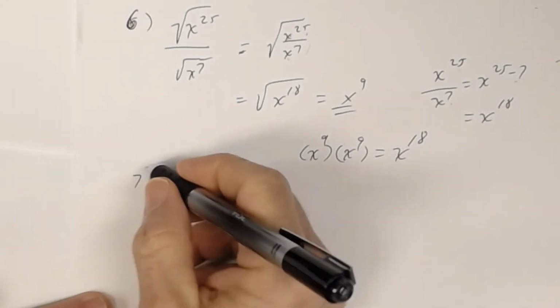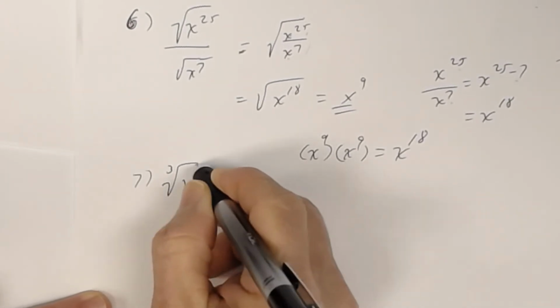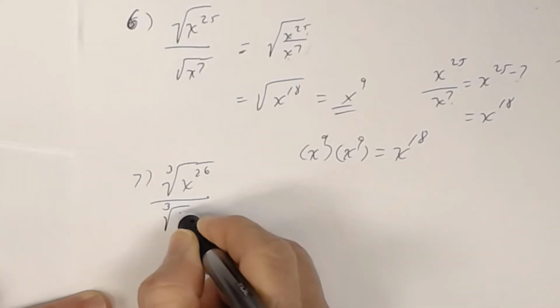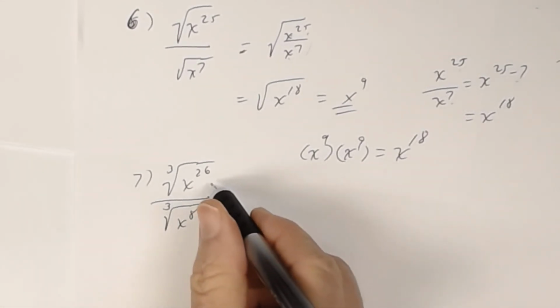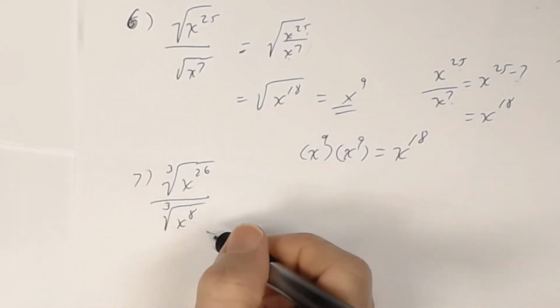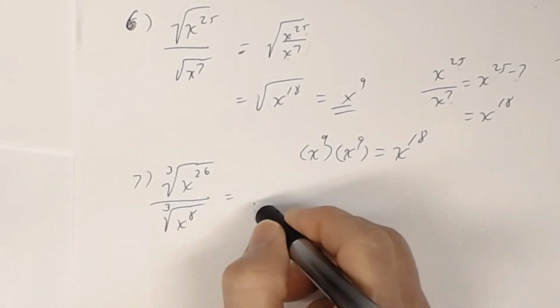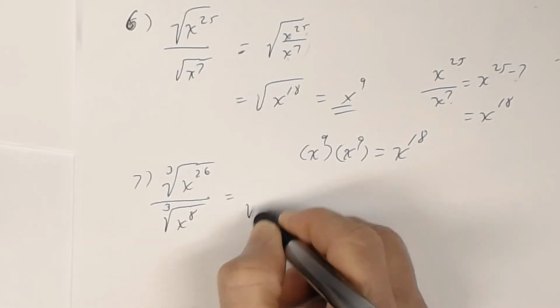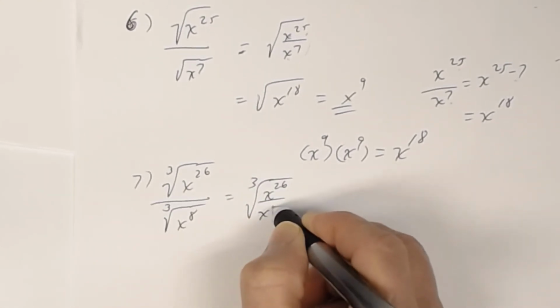Number 7, let's suppose we had the cube root of x to the 26th divided by the cube root of x to the 8th. Remember the indices are the same, so according to the quotient rule, I can write this as the cube root of x to the 26 divided by x to the 8.